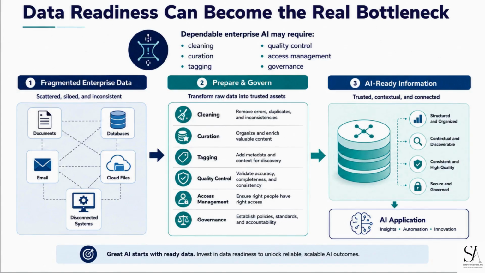A pilot serving a small number of users may appear inexpensive, while an application processing millions of requests can create significant recurring costs. Token consumption, retrieval, storage, monitoring, security, integration, and human supervision all contribute to the total operating cost.